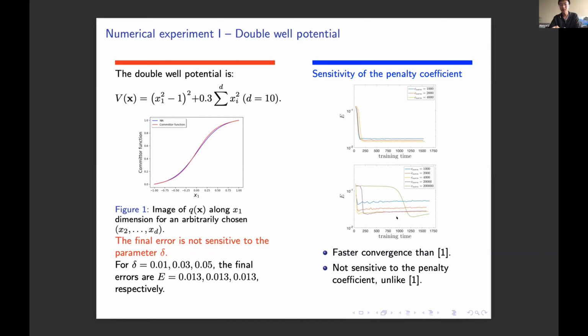You can see that when using different penalty coefficients, the current method behaves basically the same. But for the previous method, the final error and the training time are very sensitive to the penalty coefficient. So we verify that by using our current method, we obtain faster convergence and we reduce the sensitivity to the penalty coefficient.